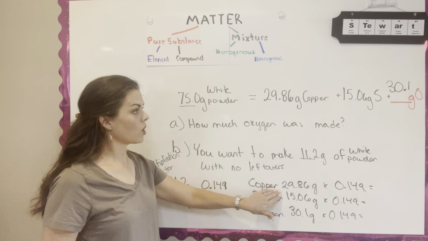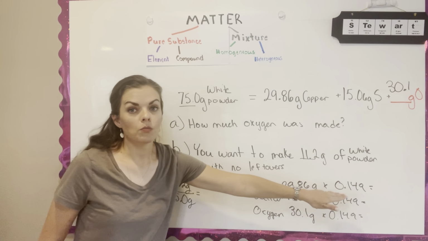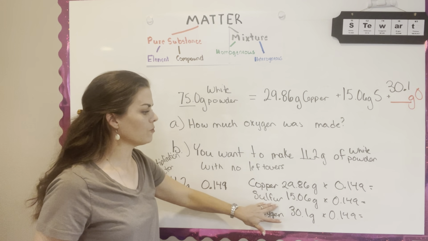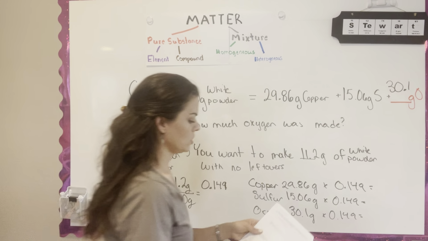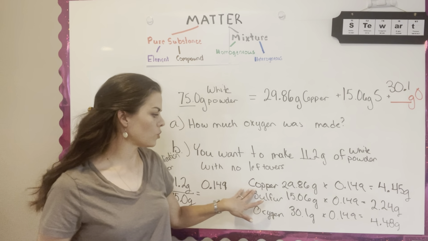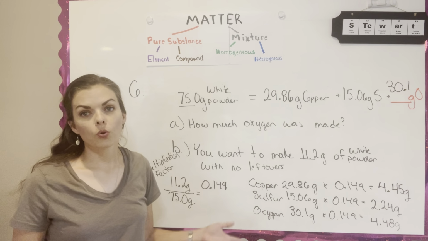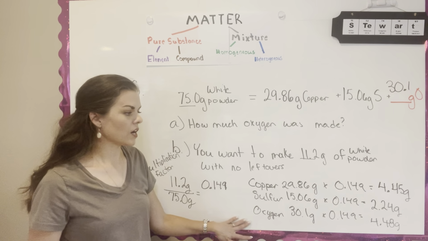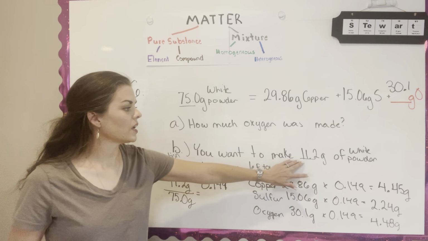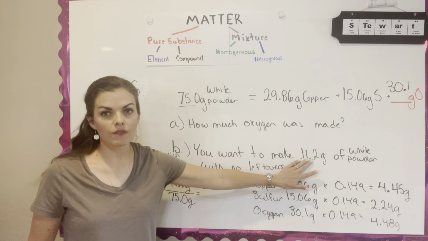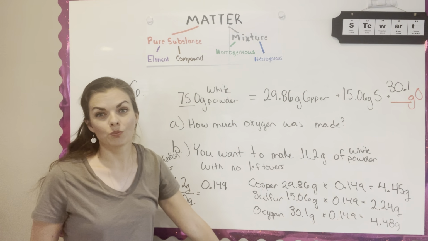You take the base amount and multiply it by the multiplication factor, and you do the same for sulfur, the 15.06, and for the oxygen, and you should get 4.45 grams of copper, 2.24 grams of sulfur, and 4.48 grams of oxygen. And these are all smaller numbers than we started with, and that is the case because we're only wanting a total of 11.2. And so if you add them all up, you should get really close to 11.2.